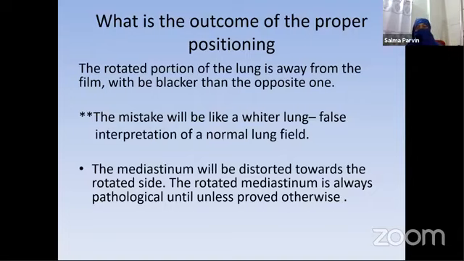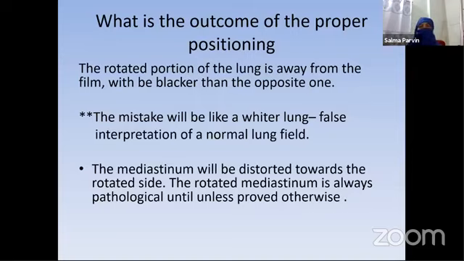But you have got a technically faulty X-ray where the patient has got a leftward rotation. So the leftward rotation will keep the mediastinum to the left. This is simple. You know that the patient is rotated to the left and you will get the mediastinum rotated to the left.